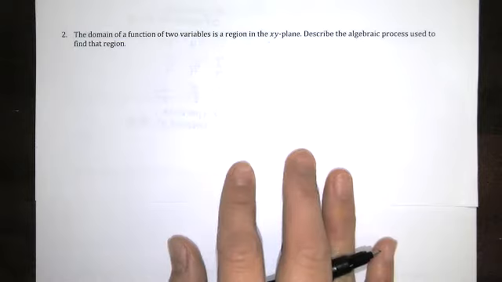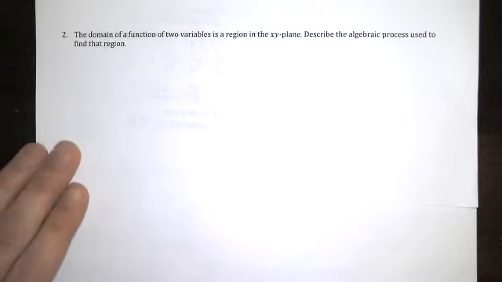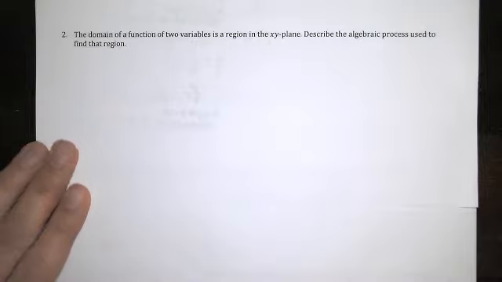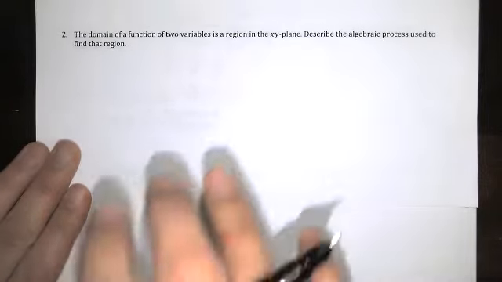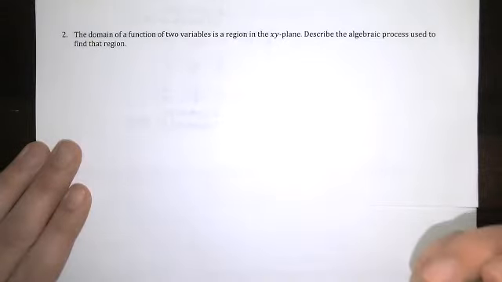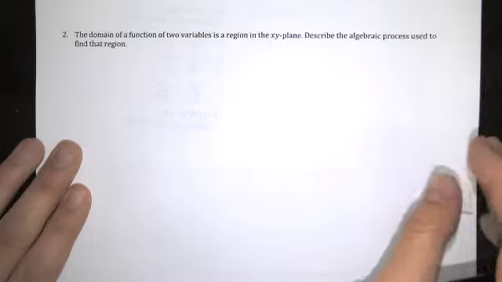So polynomials, rational functions, trig functions, inverse trig functions, root functions, exponential functions, logarithmic functions, all those functions you're familiar with. The domain is going to be the set of all xy pairs for a function of two variables for which you're not doing any of those things that cause problems when you're trying to get a real number.